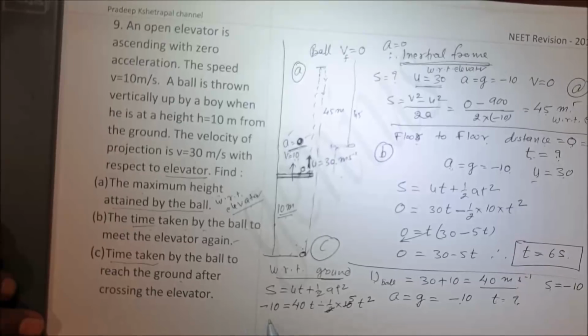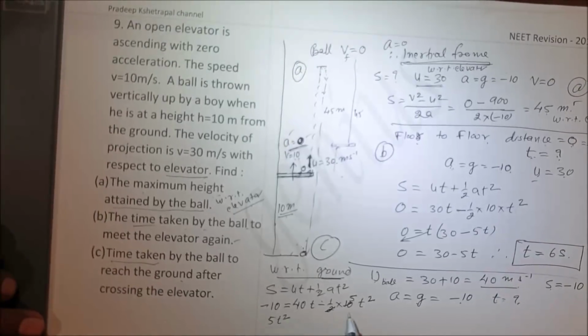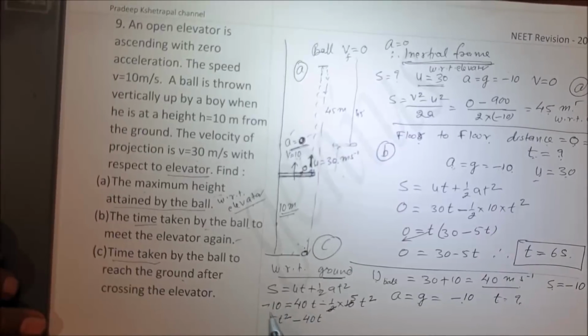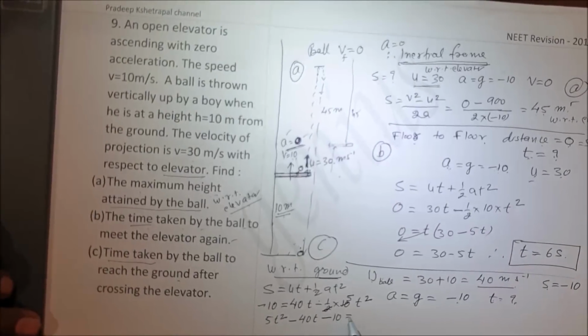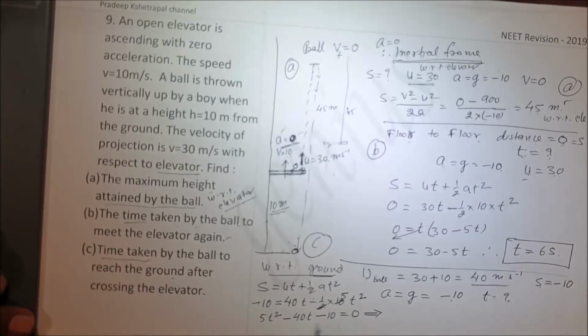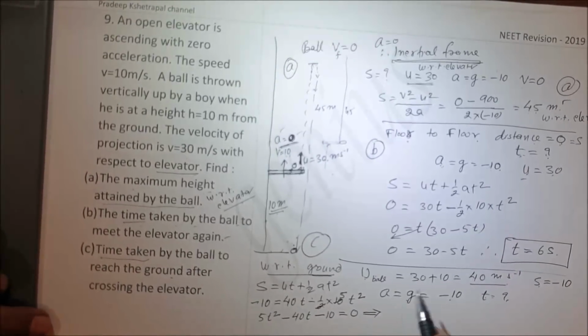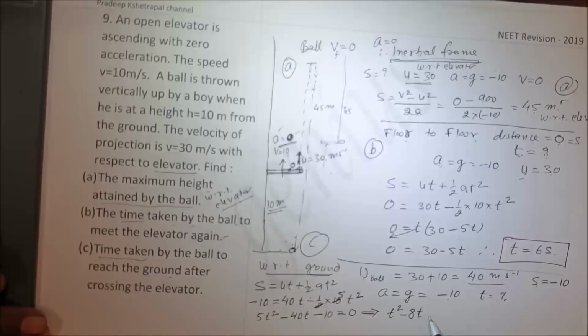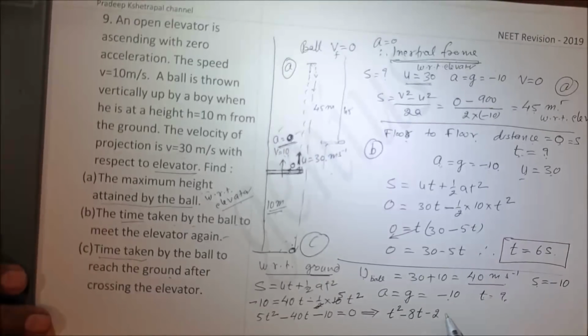Bring it here: 5t square minus 40t minus 10 is equal to 0. And dividing by 5, this leads to t square minus 8t minus 2 is equal to 0.